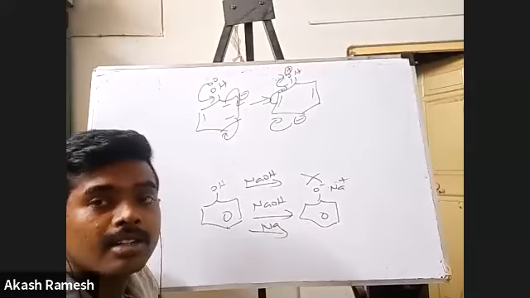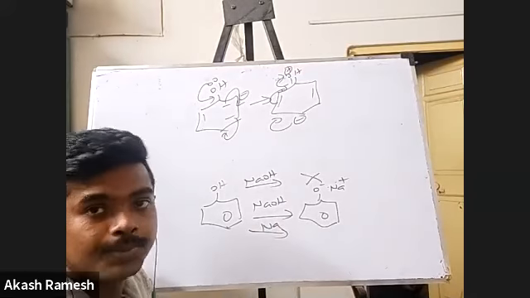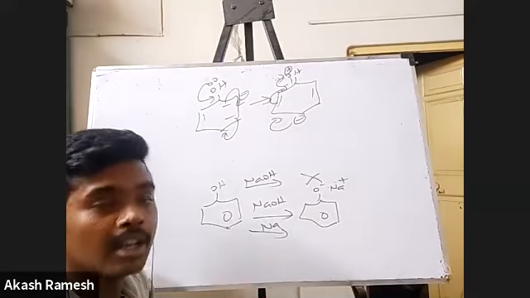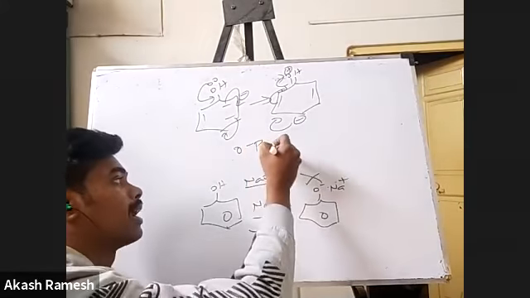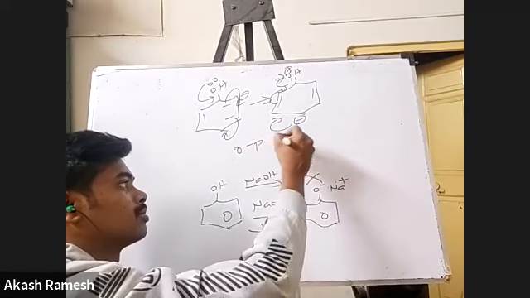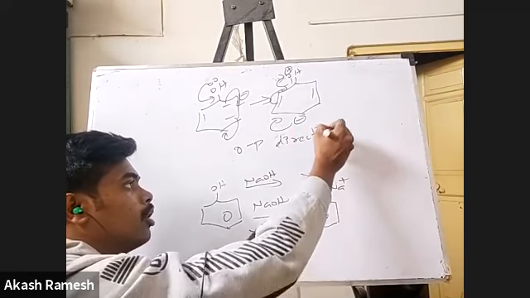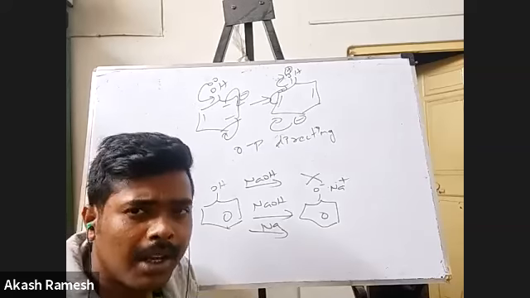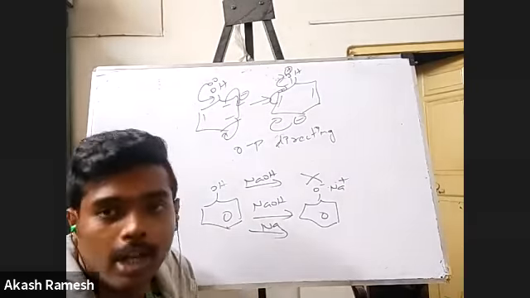So what you understand is that any electron donating group with respect to resonance in a benzene ring will always be ortho-para directing. We already know this. What do you mean by ortho-para directing?